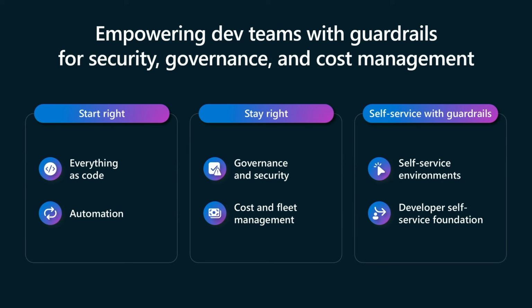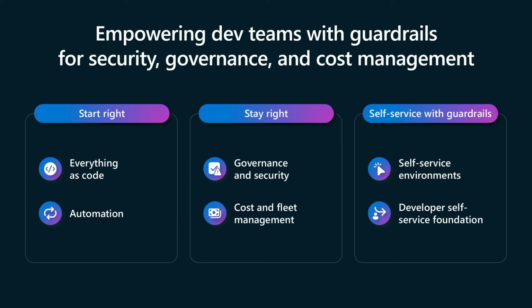There are 3 key motions that will help implement platform engineering: start right, stay right, self-service with guardrails. Start right is all about equipping developers with the self-service tools, enabling them to kickstart their projects quickly while adhering to the organization's best practices through templates and policies.